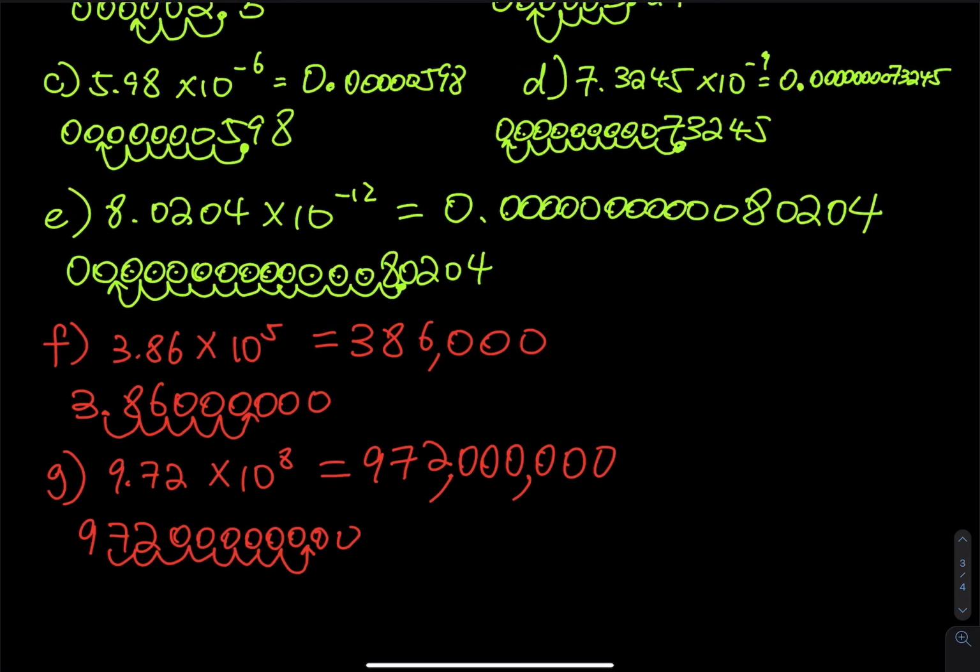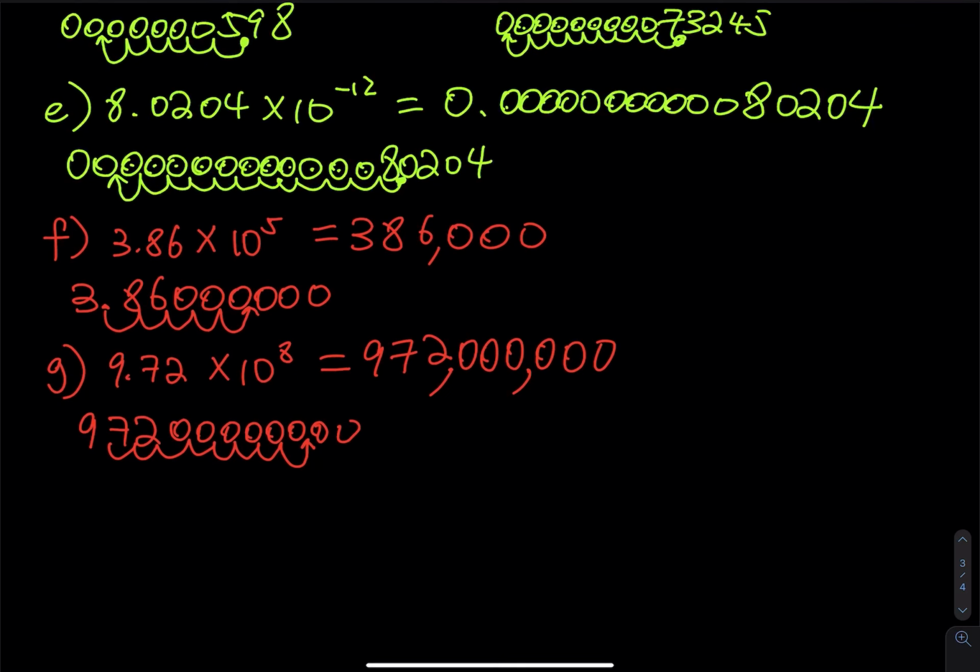And then the last one is H. 6.095 times 10 to the 10. So that is making the mantissa bigger because the exponent is positive. So 6095. Let's prepare a few zeros.